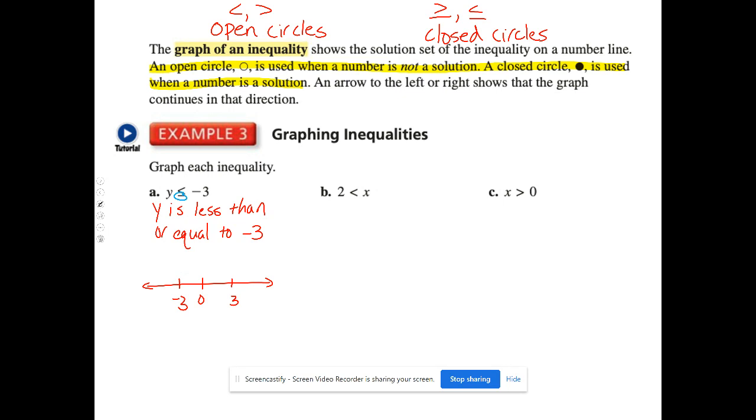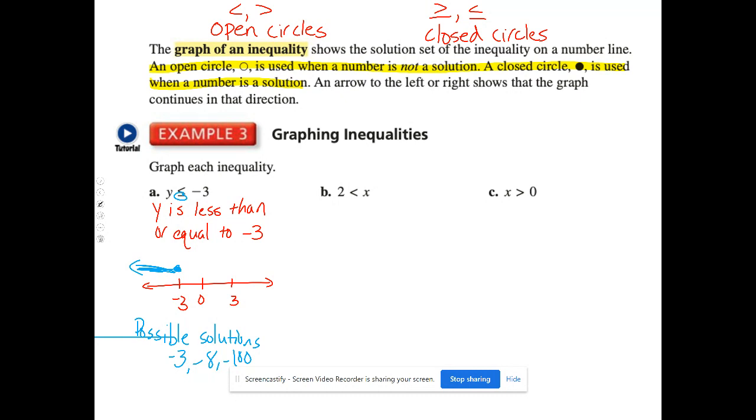Because we've got that line underneath, it's going to be a closed circle. What values are solutions here? Anything below negative 3. So we draw our solution like this, which represents that any number at negative 3 or less than negative 3 is a solution. So what are possible solutions? Well, negative 3 is a possible solution. Negative 8, negative 100, negative 1,000,000, they're all solutions.